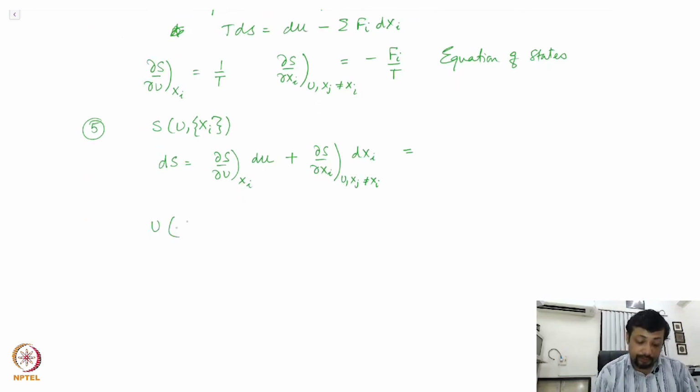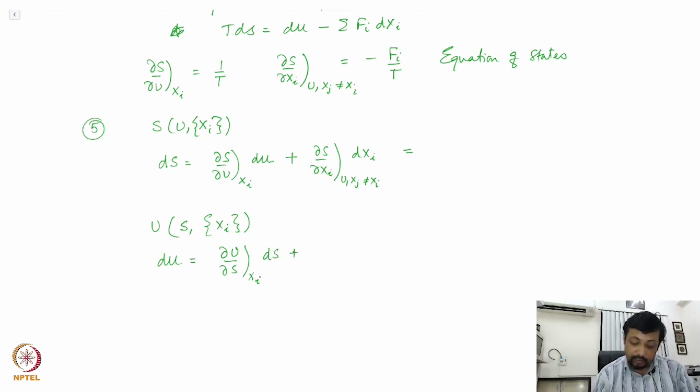You can of course have the other way around, where you have U as a function of S and xi, in which case dU is del U del S, all the coordinates held constant, dS plus del U del xi, with the entropy and xj not equal to xi held constant, dxi.